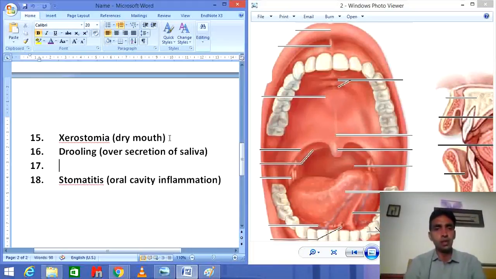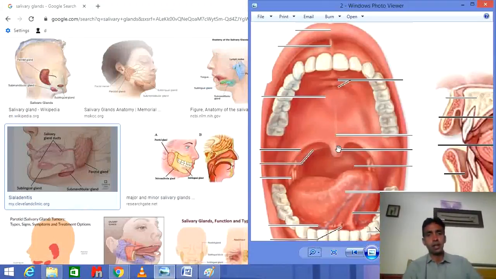Drooling usually happens in a rabid dog. In rabid dogs, which are infected by the rabies virus, there is drooling. Drooling is the overproduction of saliva inside the mouth.